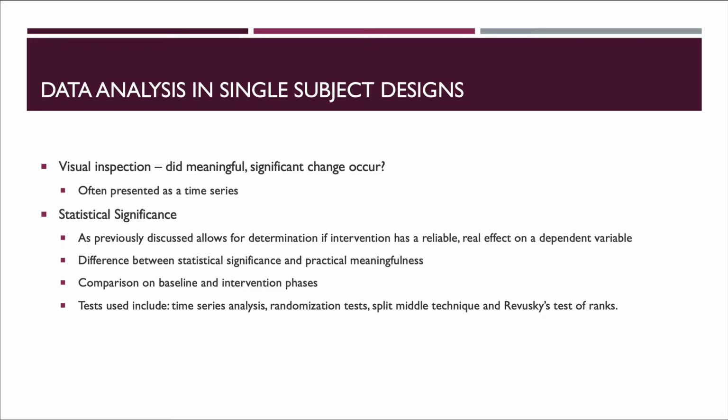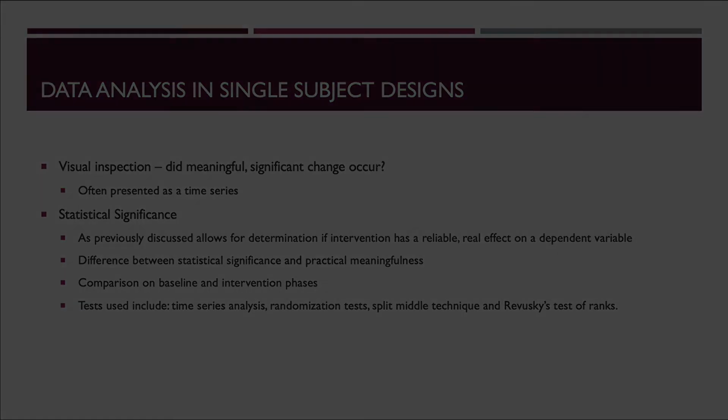They tend to be things like time series analysis tests, split middle techniques, different types of tests of ranks. And they do allow us to still potentially get some evaluation of whether or not there is a statistically significant level of change. And that's usually done by comparing the baseline phase with the intervention phases.